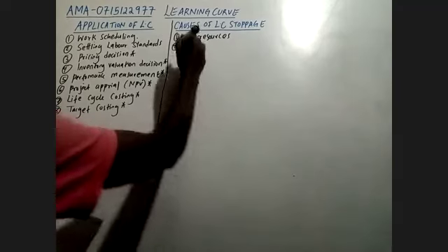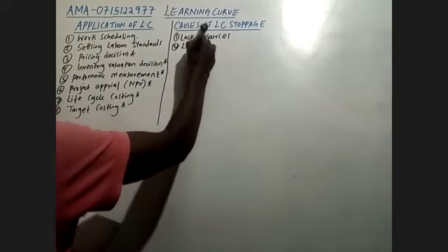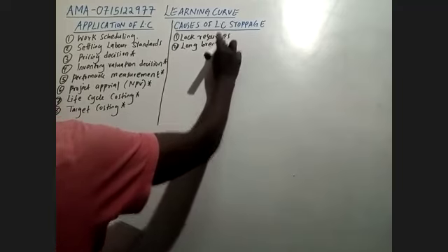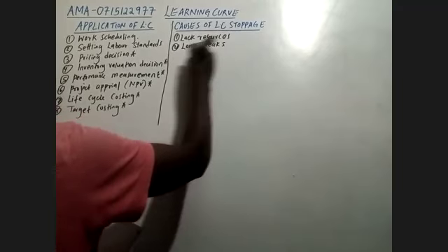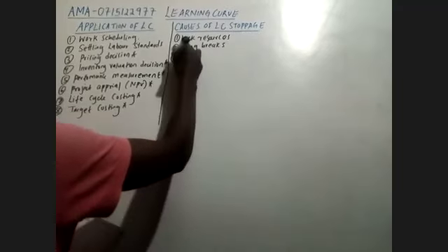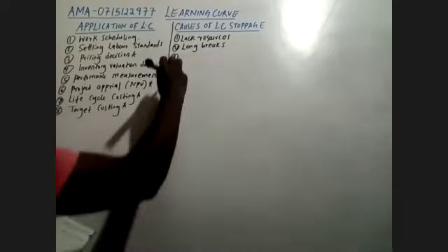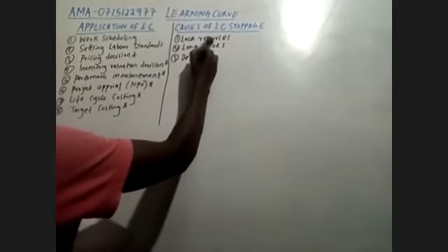Number 2, long breaks. When you have long breaks, that will make the learning curve stop. Remember we said the work should be continuous. Next, the motivators.